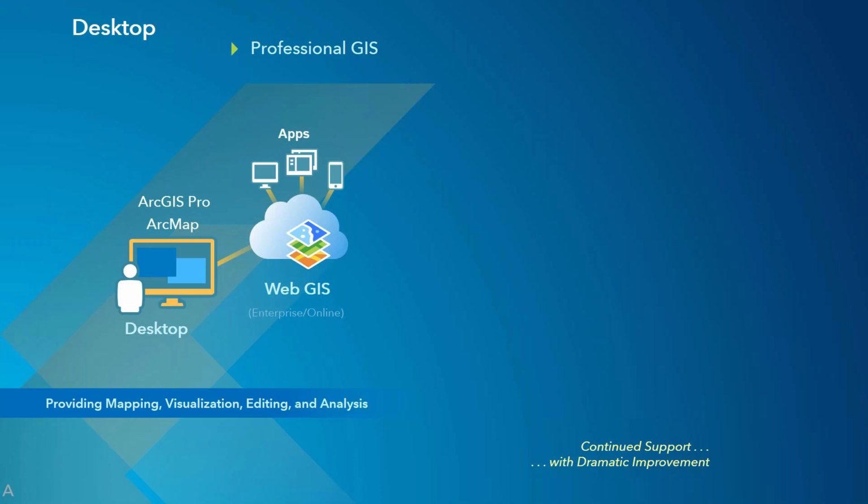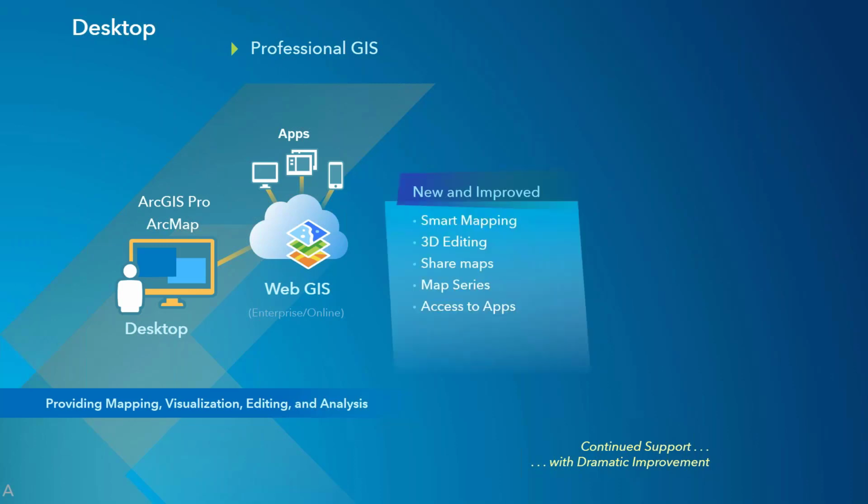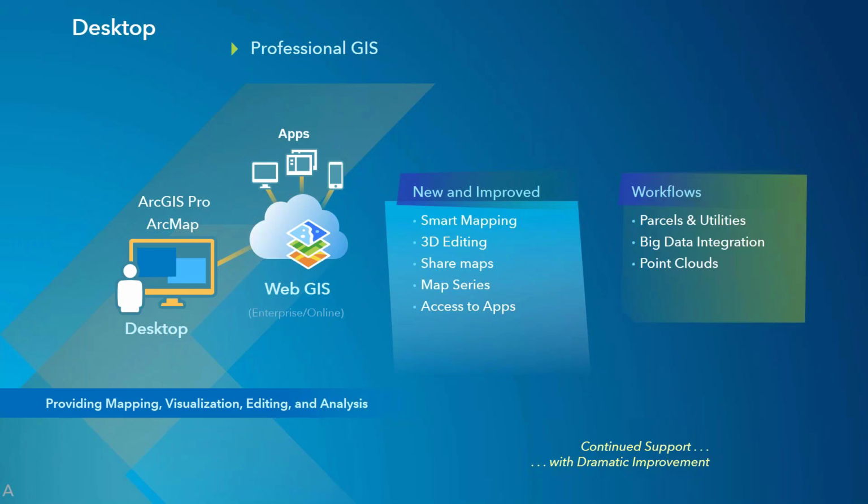ArcGIS Pro is our new desktop application built upon a 64-bit architecture that highly optimizes its performance with a complete web GIS integration. ArcGIS Pro empowers our classical users to do even more amazing things with GIS. And also, ArcGIS Pro provides a set of new capabilities aligned with common workflows and challenges. To sum up, ArcGIS Pro is the future of desktop GIS.